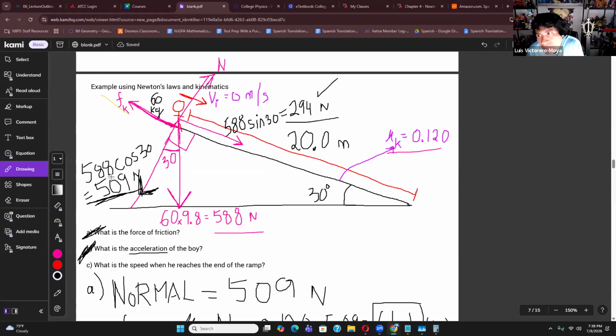That's why we do this. The adjacent is mg cosine, and the opposite, this line here, is mg sine theta. Okay, thank you. Okay, that's why we do that.